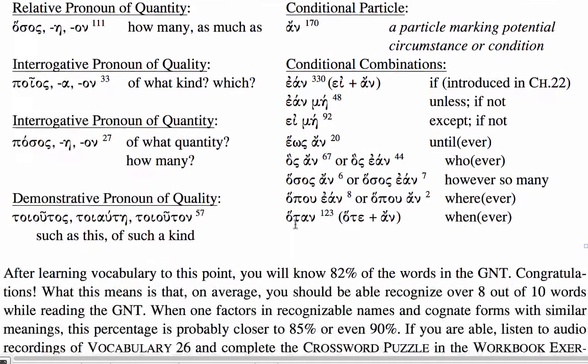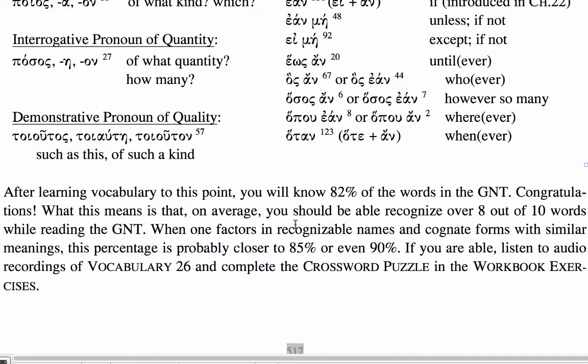Well, this is the last vocabulary for Koine Greek Grammar. You will have learned 82% of the words of the Greek New Testament. That would give you the ability to recognize over 8 out of 10 words in any given sentence.